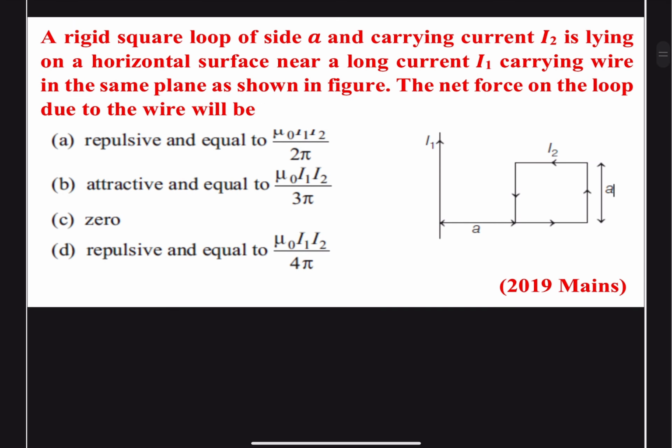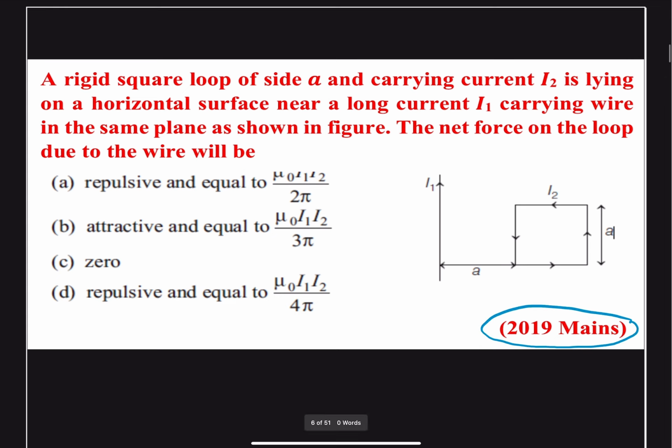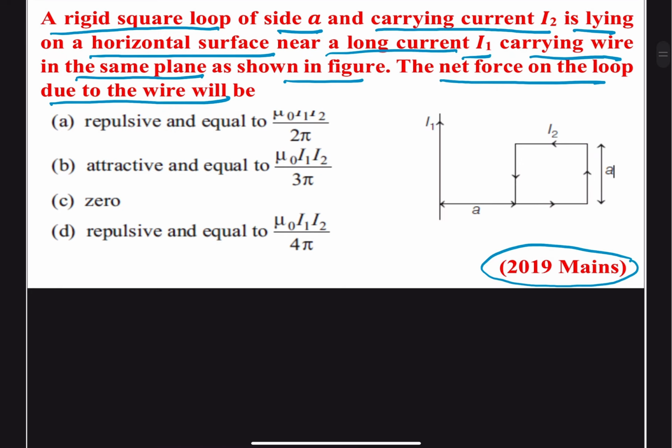Next question, it was also asked in the year 2019 mains, and it states that a rigid square loop of side A carrying a current I2 is lying on a horizontal surface near a long current I1 carrying wire in the same plane as shown in the figure. The net force on the loop due to the wire will be. So we have two wires.